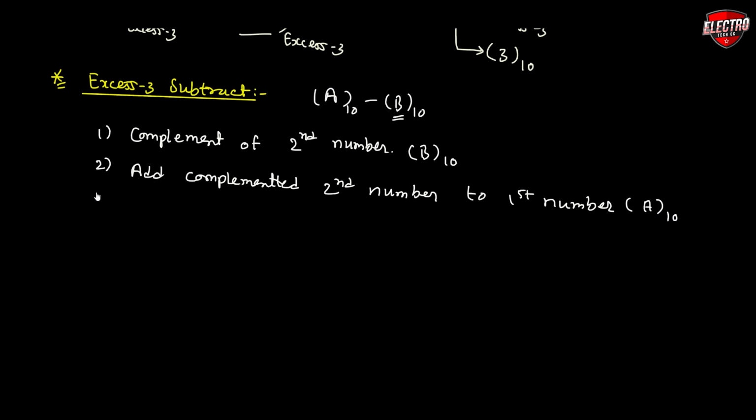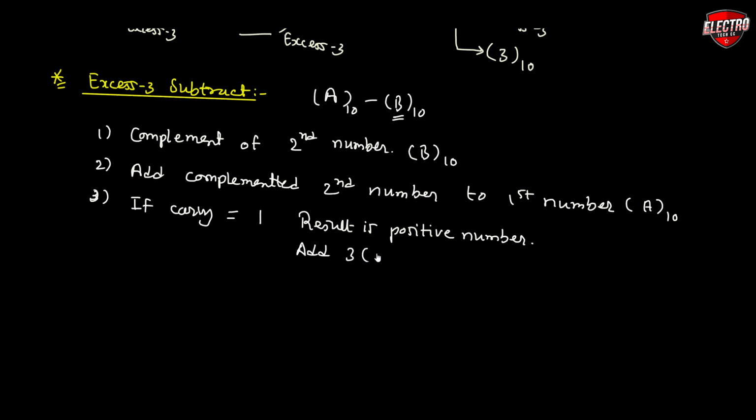Okay, the third step: if a carry bit is generated and the carry is equal to 1, then the result is a positive number, and we have to add 3, that is 0011 in binary, to the final sum.